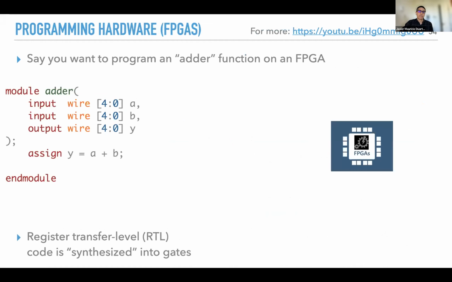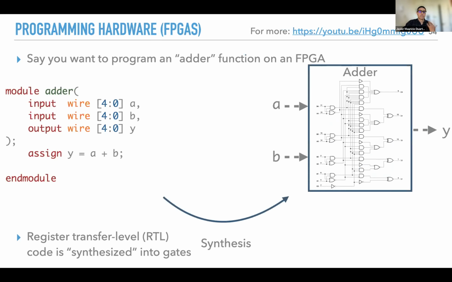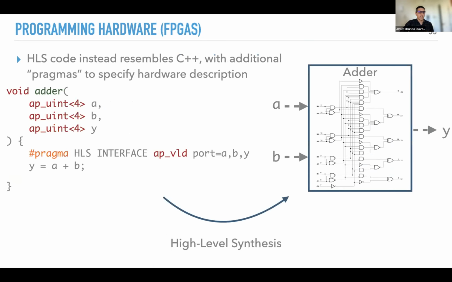But basically what we do is, rather than programming FPGAs in the standard way with RTL, which looks something like this, we can leverage this simple interface, which is HLS. Essentially, HLS code resembles C++ in order to program the FPGAs, and most of us are much more familiar with this kind of programming.